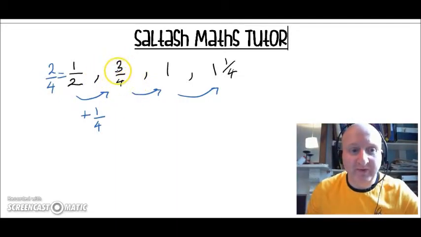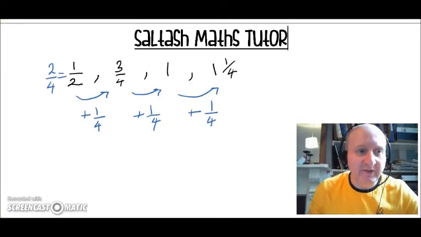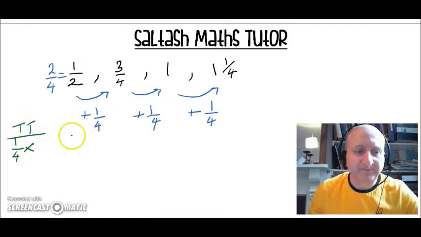Or you might also spot that 3/4 to 1 is a quarter. And I suppose the easy giveaway, a clue in here for you if you're not quite sure, is 1 to 1 1/4 must be a quarter. So that means that we're dealing with the quarter times table.